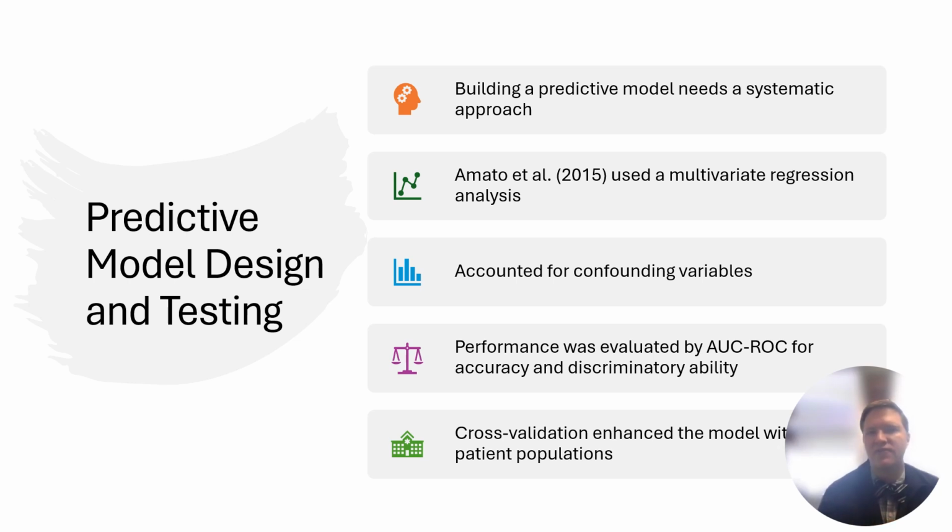It used cross-validation techniques that helped the model become more robust and more reliable. By testing the performance across different patient populations with ARDS, it really showed how predictive and how well done this information is.